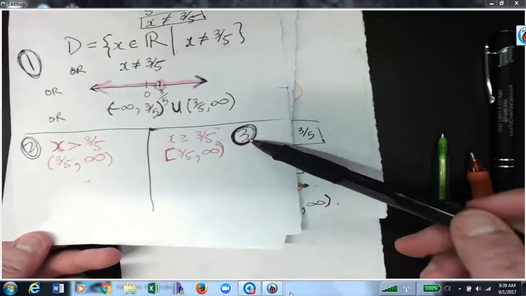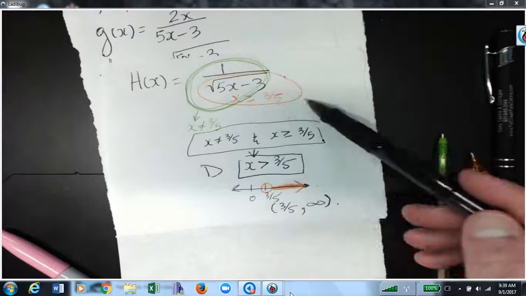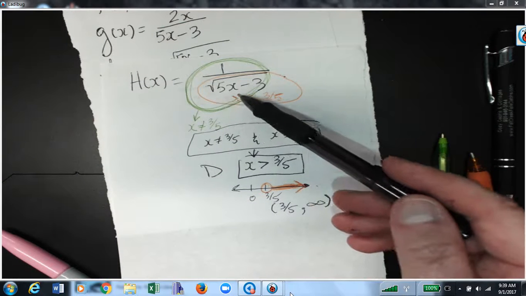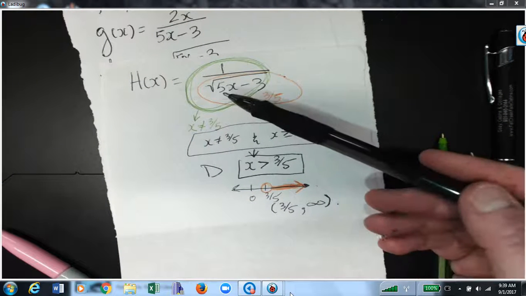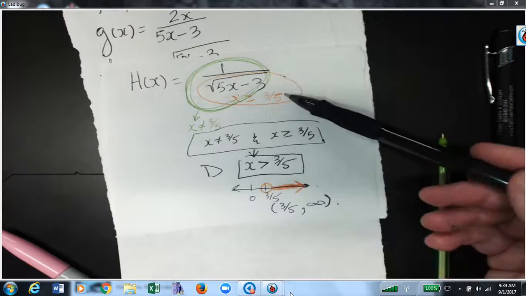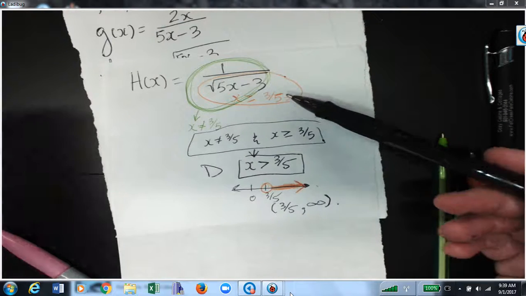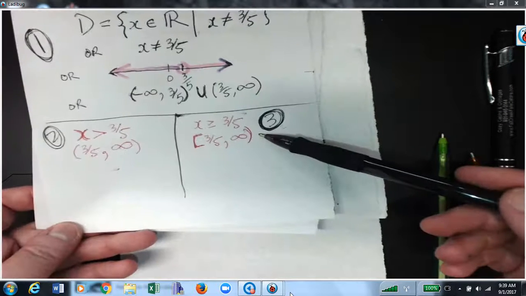If you only look at the orange and only think of what the restriction is for a square root and don't also consider that this is a fraction, then if you don't take into account that it's in the denominator of a fraction, then you're going to wrongly go for this guy.